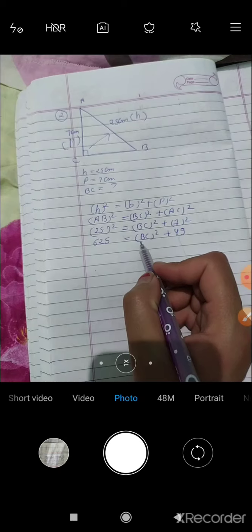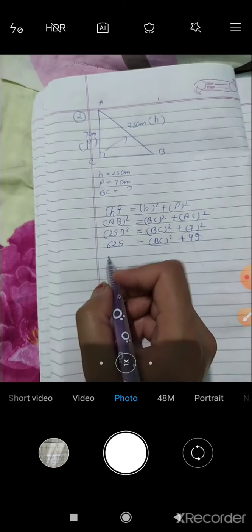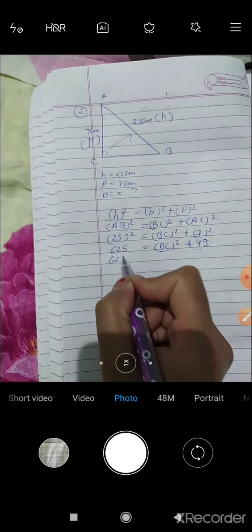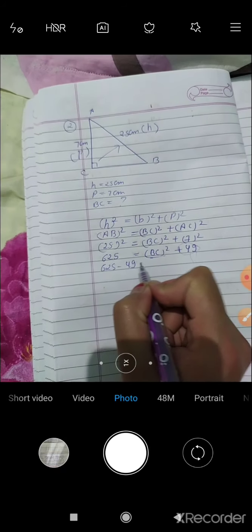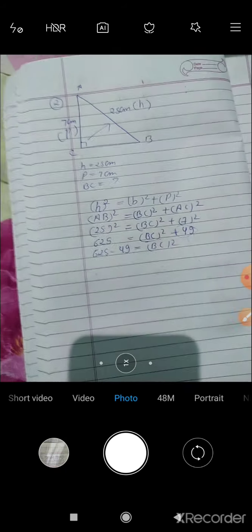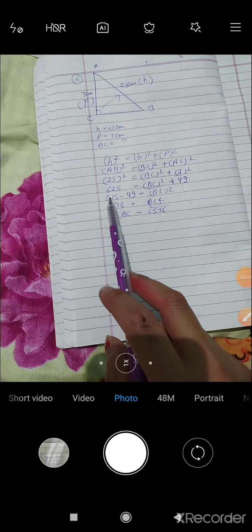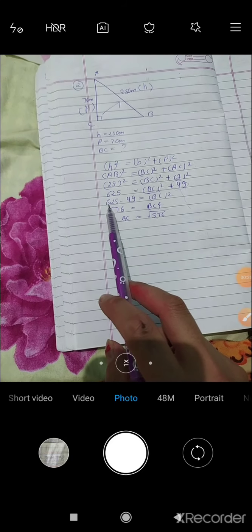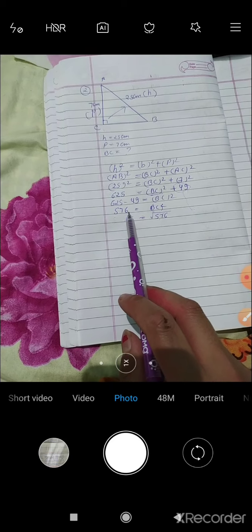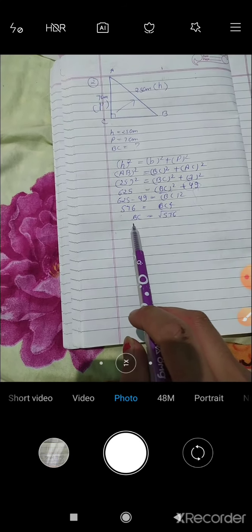For calculating the value of BC, we shift 49 from the right side to the left side. So we have 625 minus 49 is equal to BC square. After subtracting, we have 576, and we have to calculate the value of BC.